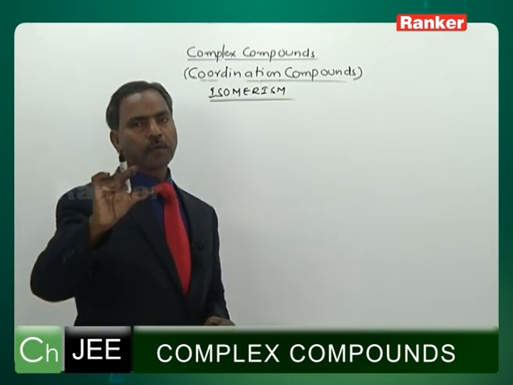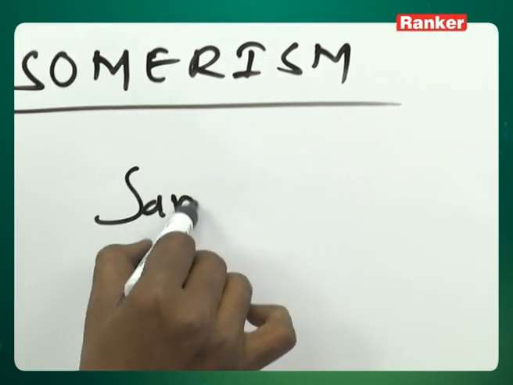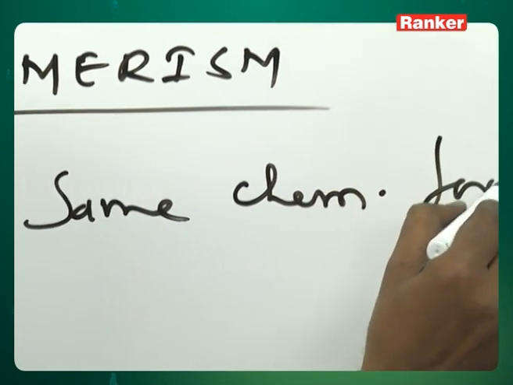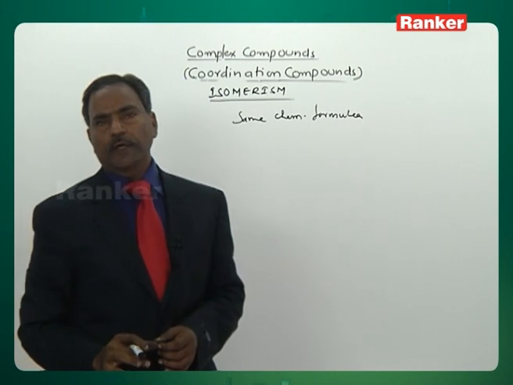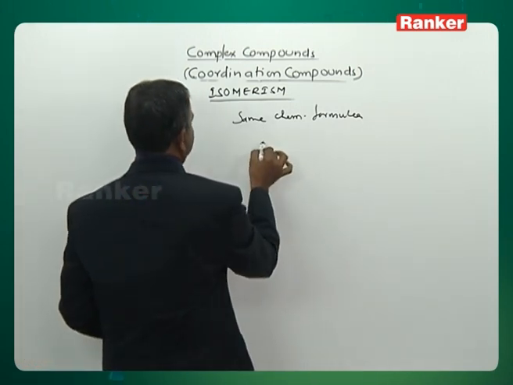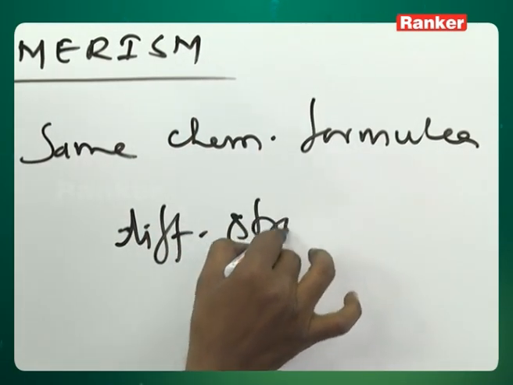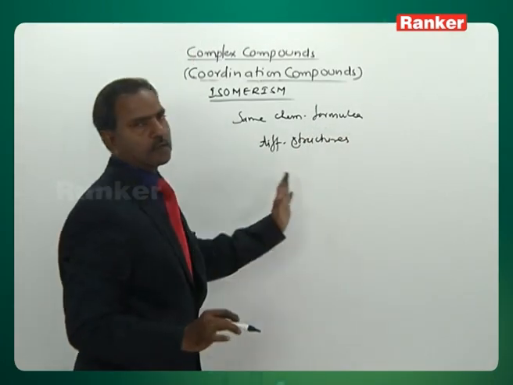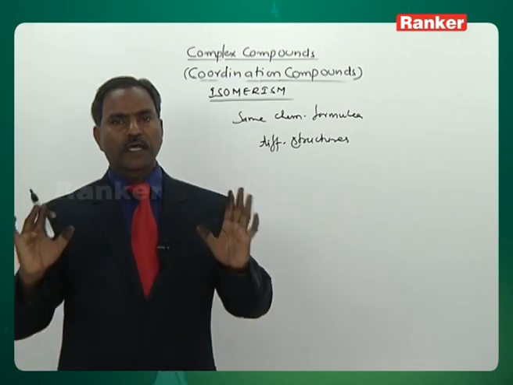The complex compounds having the same chemical formulae but which exhibit different structures are known as isomers.